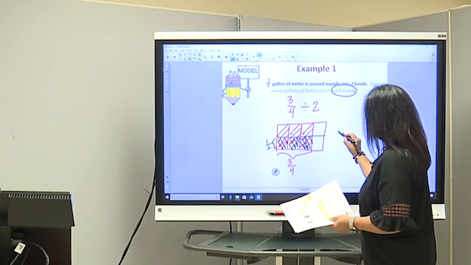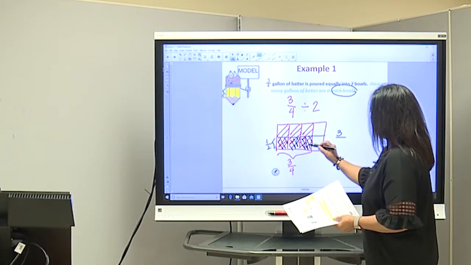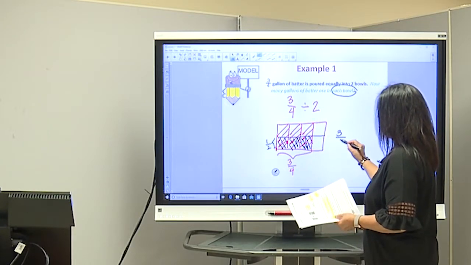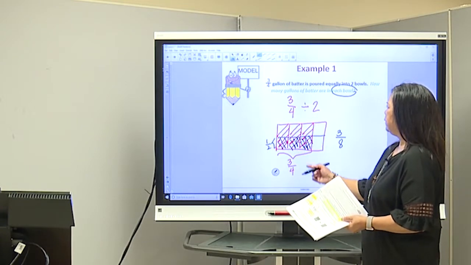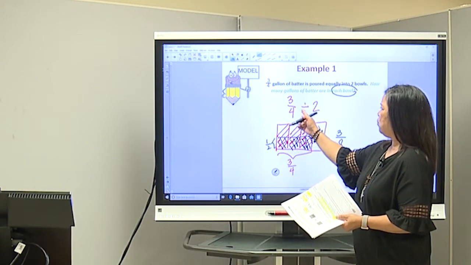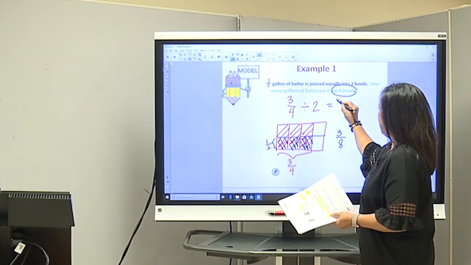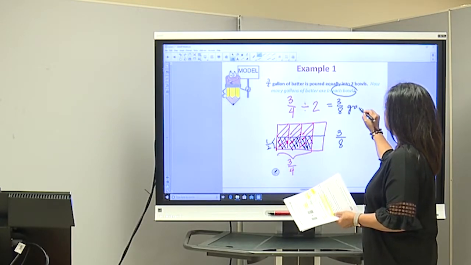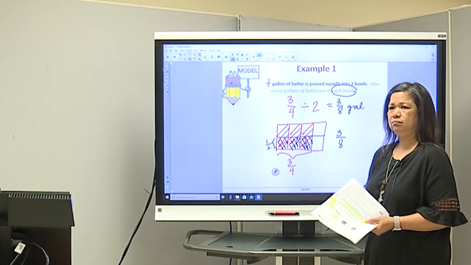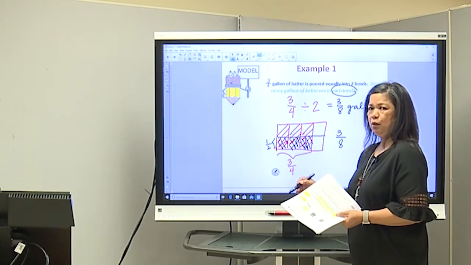So that would be 3 out of how many parts in all? 8. So if I divide 3/4 by 2, each bowl will get 3/8 gallons. That is using this model.